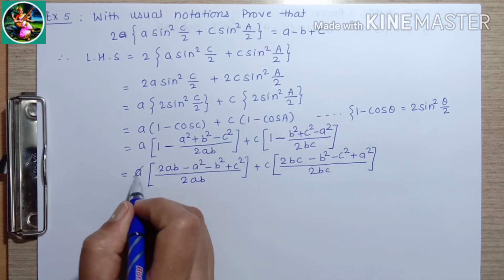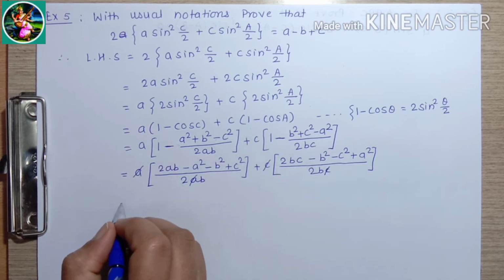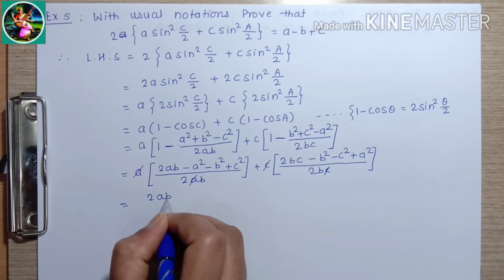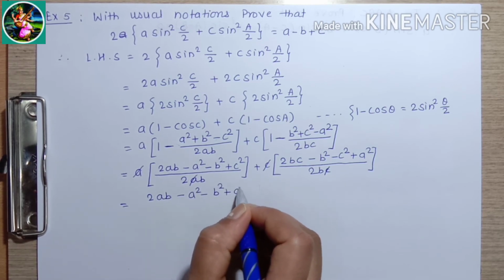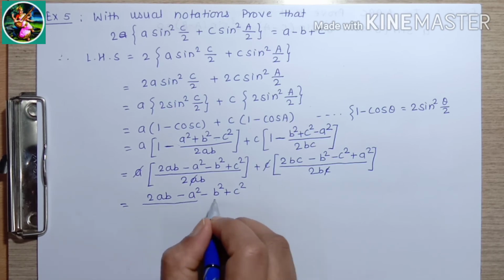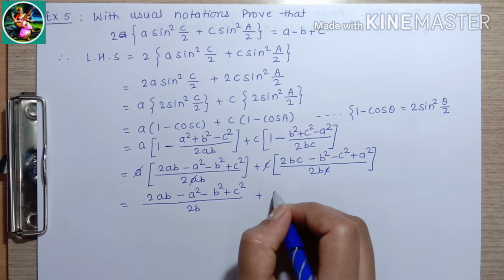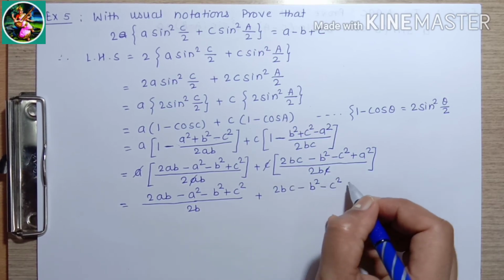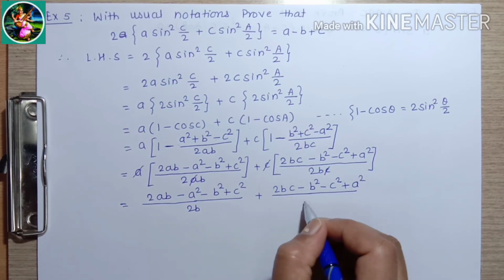Now here a gets cancelled, here c gets cancelled. Therefore here we get 2ab minus a square minus b square plus c square, this divided by 2b, plus 2bc minus b square minus c square plus a square divided by 2b.